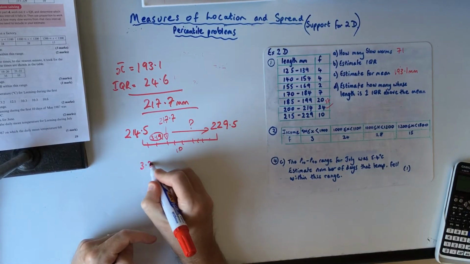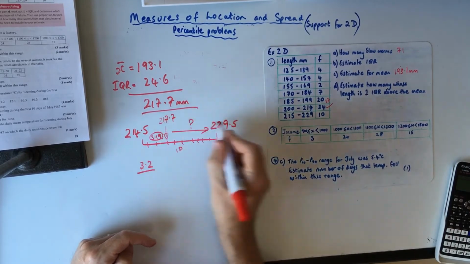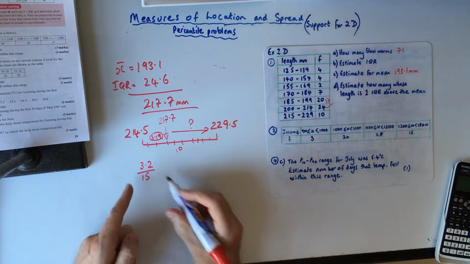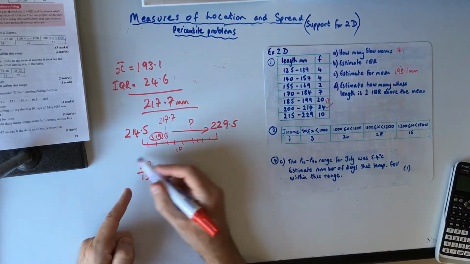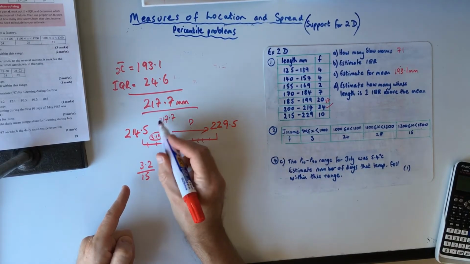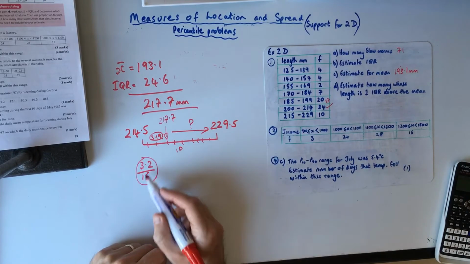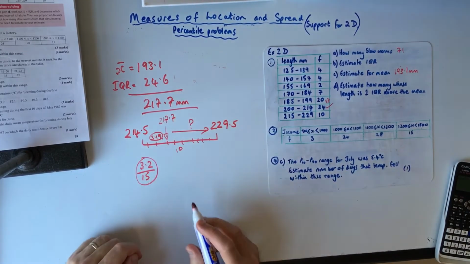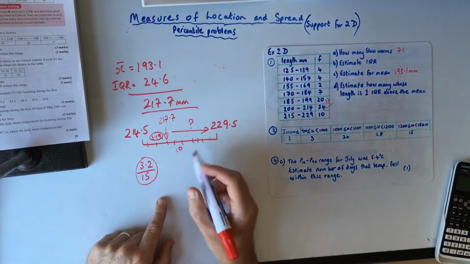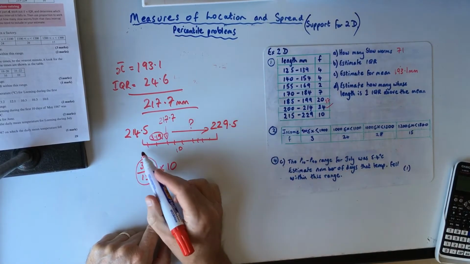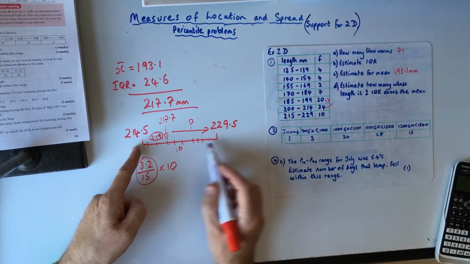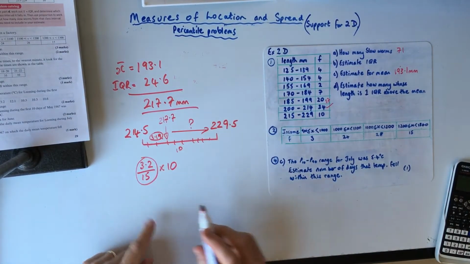So it's 3.2, and there's a gap of 15, so it's 3.2 fifteenths, isn't it? That's what fraction the snake of that length is within that group. And we want to know, if we times that by 10, what fraction of the 10 snakes is that?